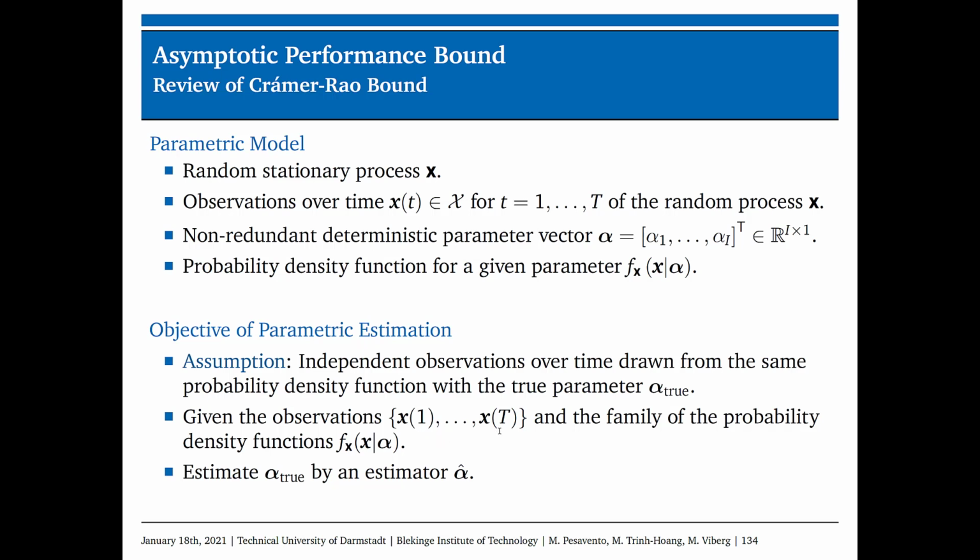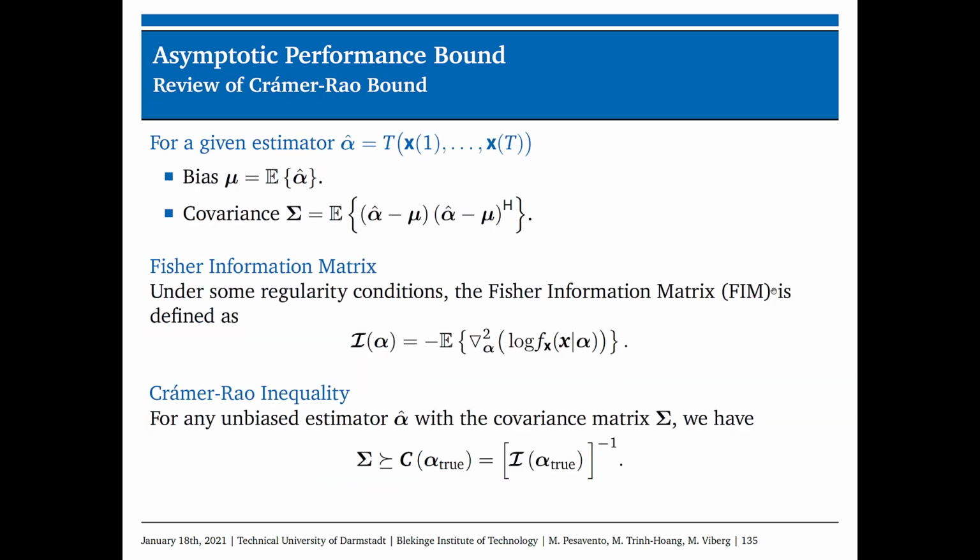We do this using the help of an estimator, alpha hat, which represents some mapping or function of the observations. Let this mapping of the random observation be denoted by T of x1 to xT, and let vector mu and matrix sigma denote the mean and the covariance matrix of the estimator.